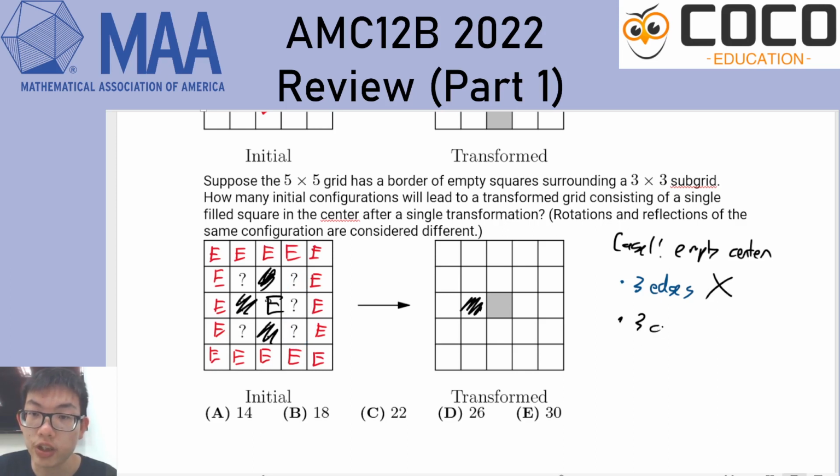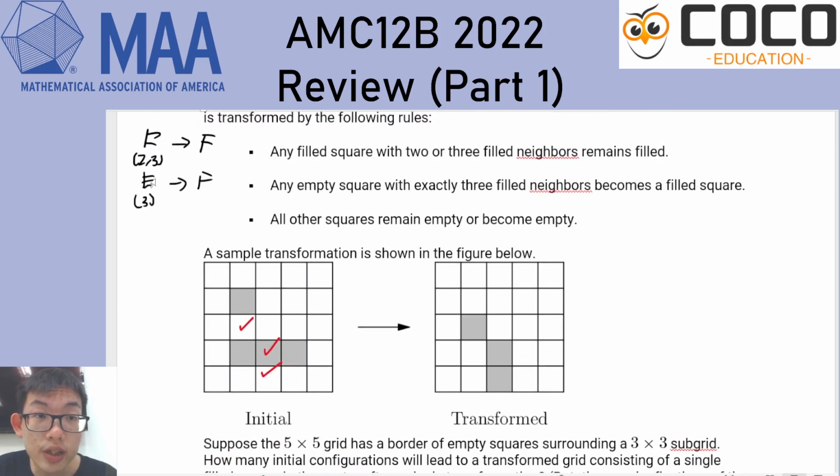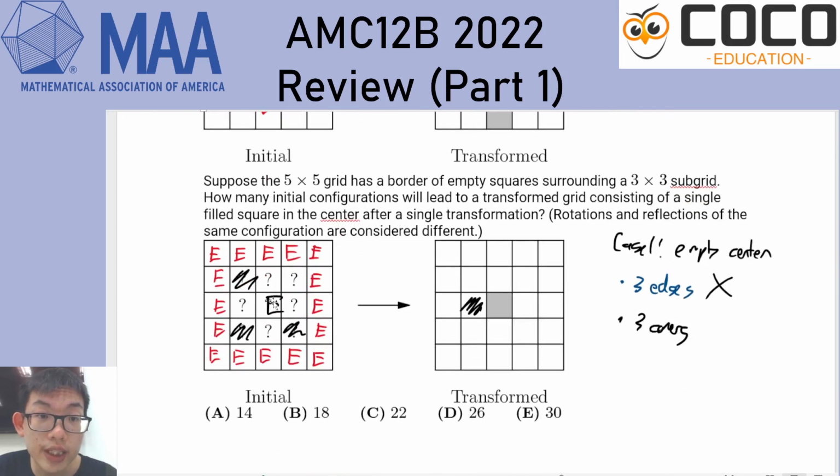Now if there are 3 corners, are there any empty squares with 3 neighbors other than the middle? The answer seems to be no. So that gives me 4 ways already, right?